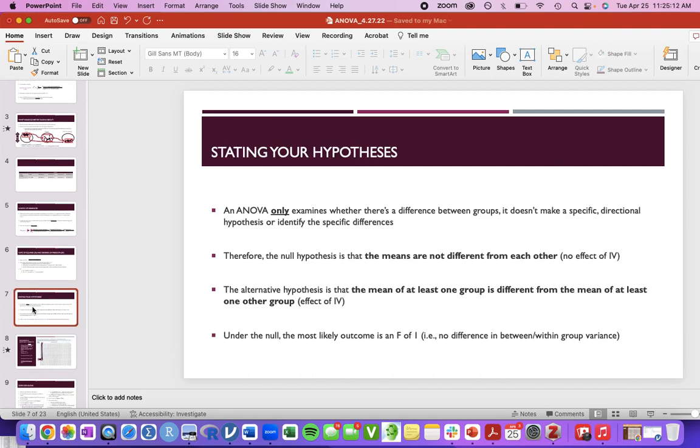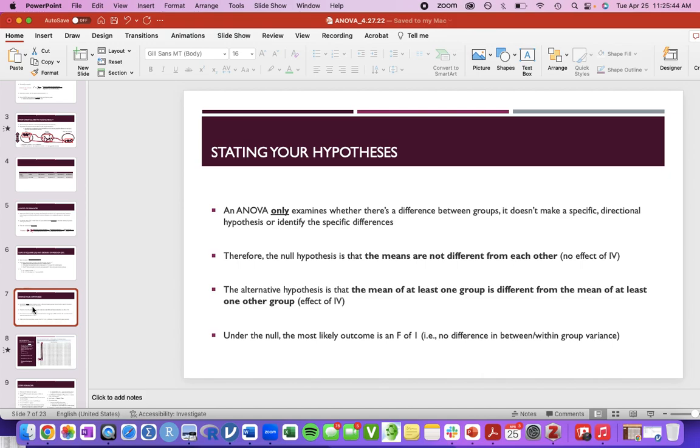So when we state our hypotheses for ANOVAs, we need to know that the ANOVA only examines whether there's a difference between groups. It doesn't make specific directional hypotheses, and it doesn't identify the specific differences. So when I do an ANOVA, I'm not learning whether there's a specific difference between group 1 and group 3. My ANOVA just tells me whether overall there's a difference somewhere among these 3 groups.